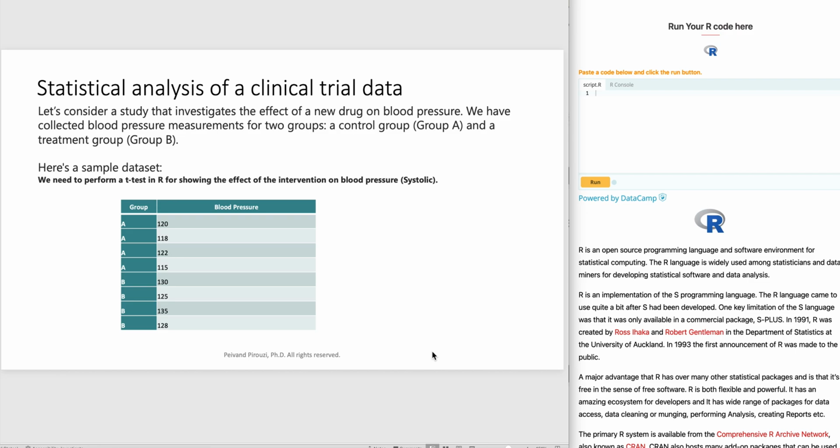In contrast, it is even increasing the blood pressure. So we can see just by looking by eye that for group B we have an average of about 128, 129 millimeters of mercury for the systolic blood pressure measurement.